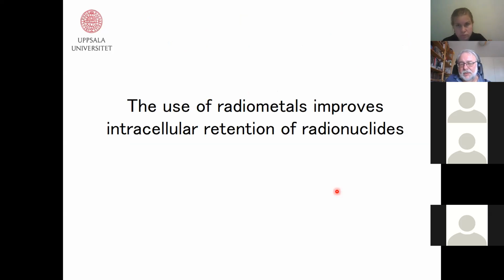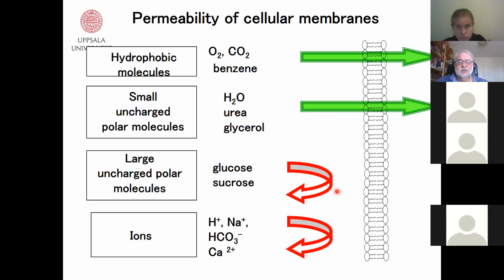Now we're switching to biological aspects of radiometal labeling. And this is very important when we're talking about proteins and peptides. Generally speaking, the use of radiometal improves appreciably intracellular retention of radionuclides.